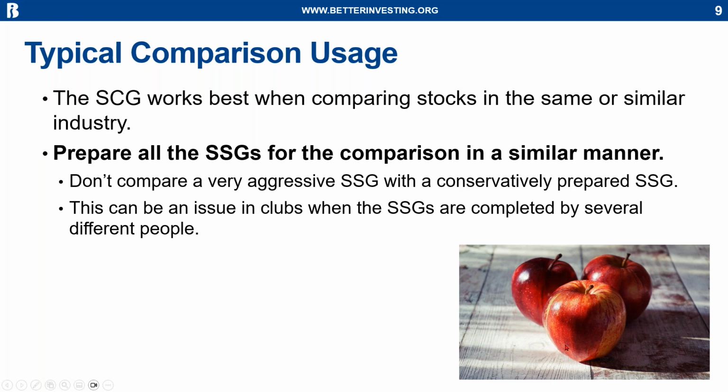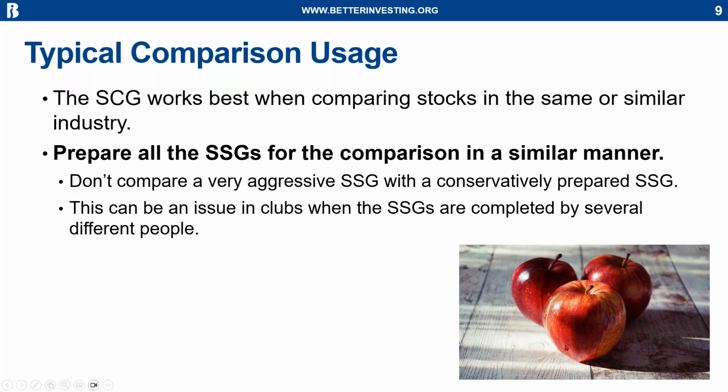Now, one of the things to consider when you're doing an apples to apples comparison of companies in the same or similar industries is that the SSGs should be prepared in a similar manner. And what I mean by that is if this happens in a club environment where the workload to prepare the SSG is parsed out amongst 5 different people, some people might be very conservative in their forecasts, and some people might be more aggressive in their forecasts.